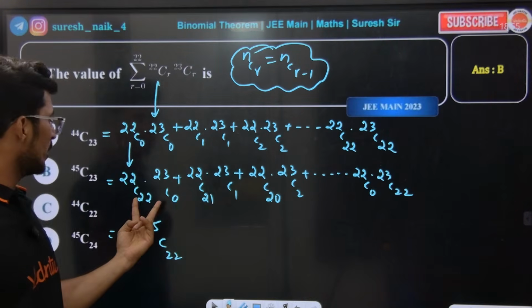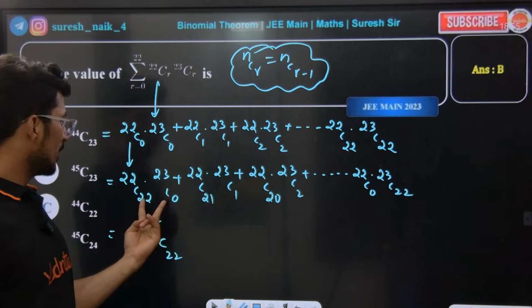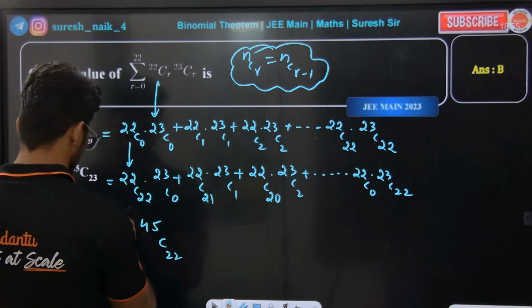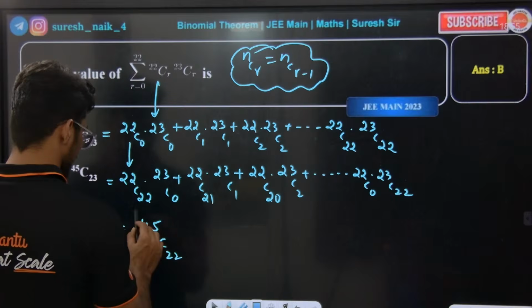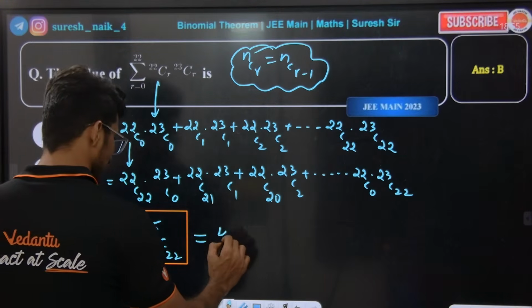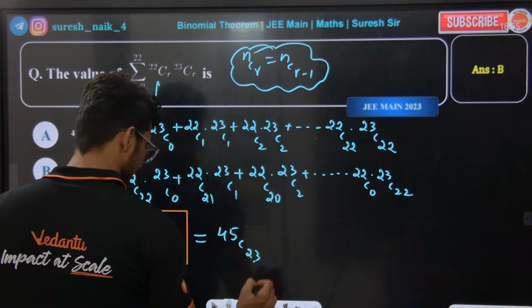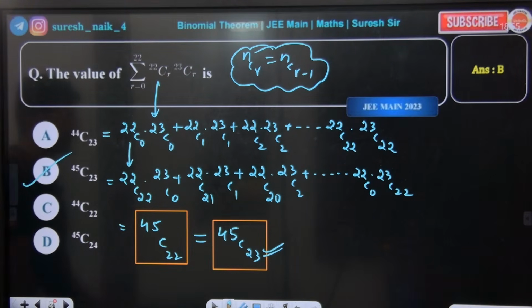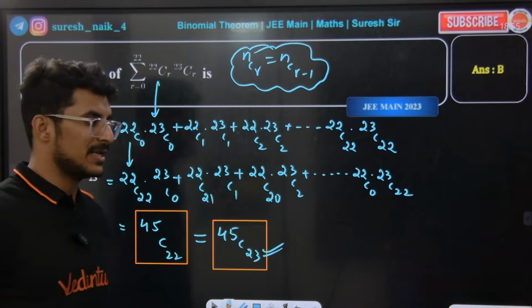Lower suffixes: 22 plus 0, 21 plus 2, 22 here, 22 here, 22 here. So basically 45C22 is the right answer. 45C22 is in fact 45C23. So this is the answer, option B is the right answer.